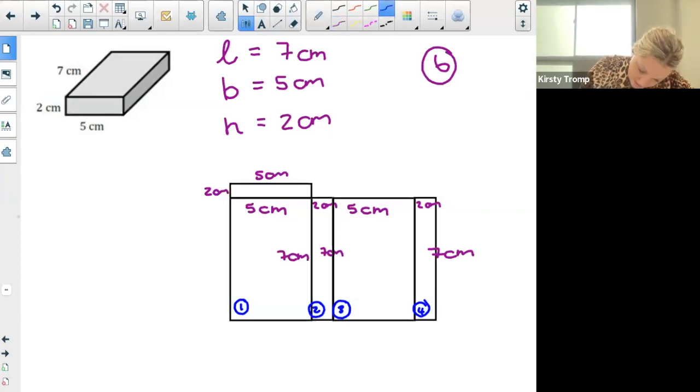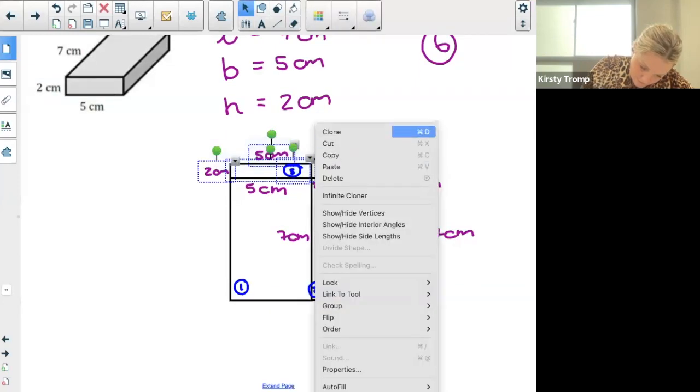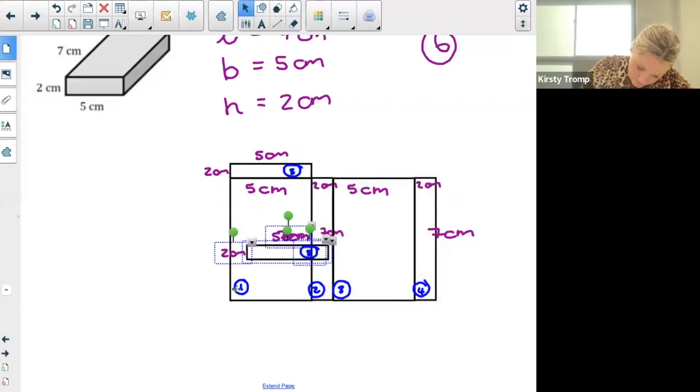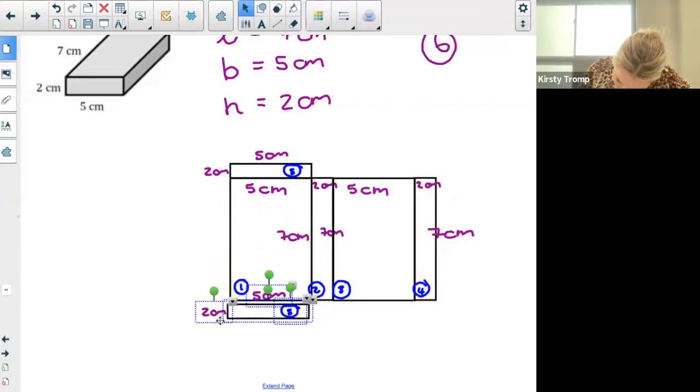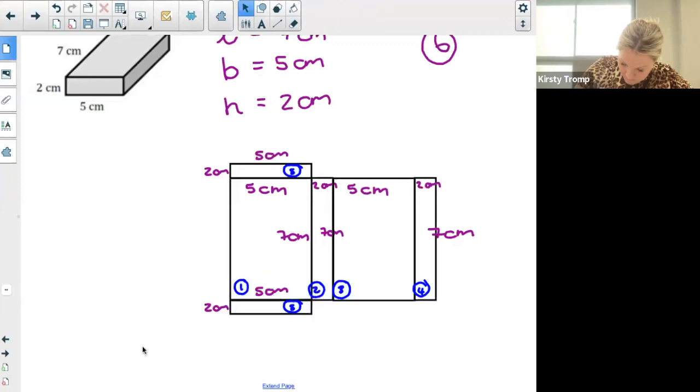And that is side number 5. And then we need to have a bottom. And this is going to be side number 6.